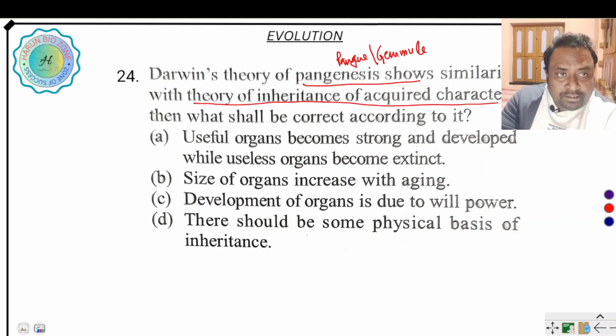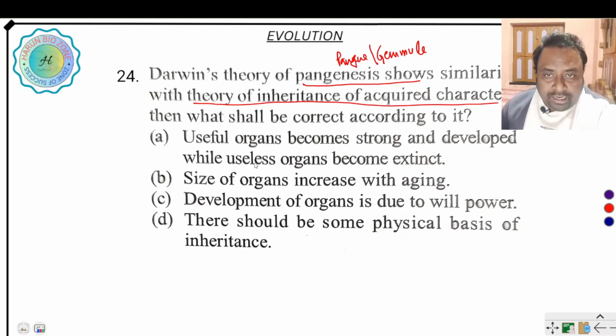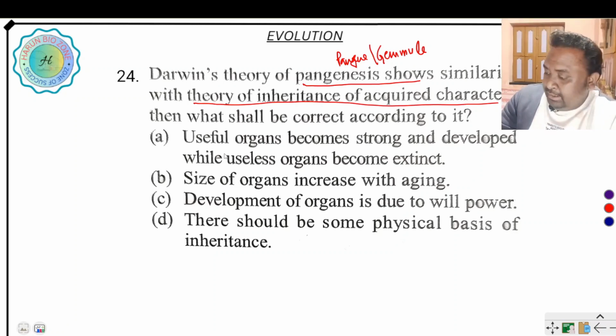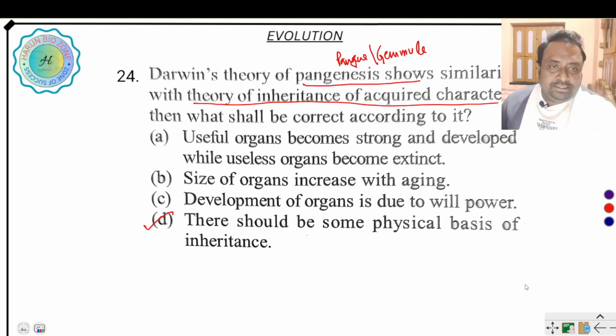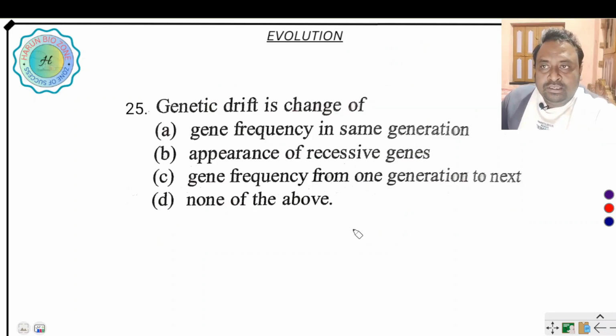Useful organs become strong and develop while useless organs become extinct, not. Size of organ increases with aging, not. Developing organs due to willpower, not. There should be the same physical basis of inheritance. This is the similar point.